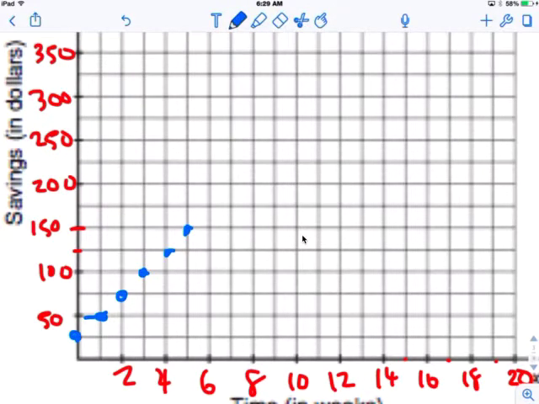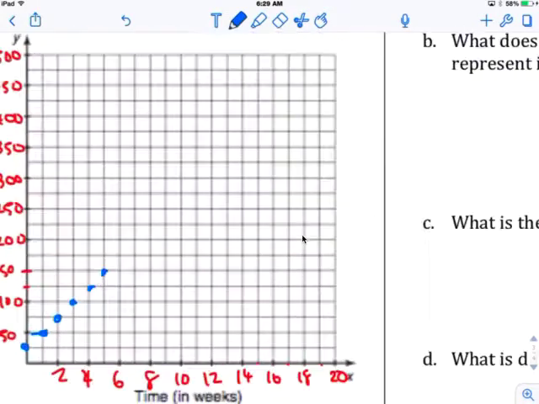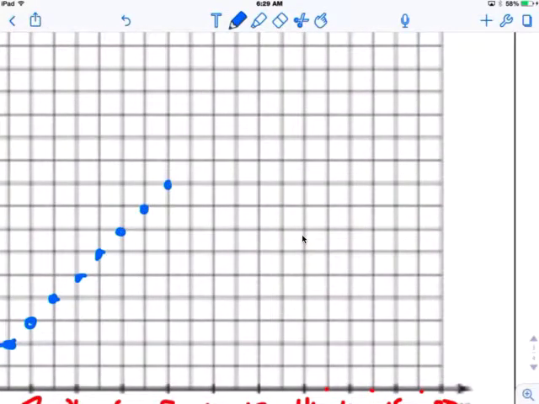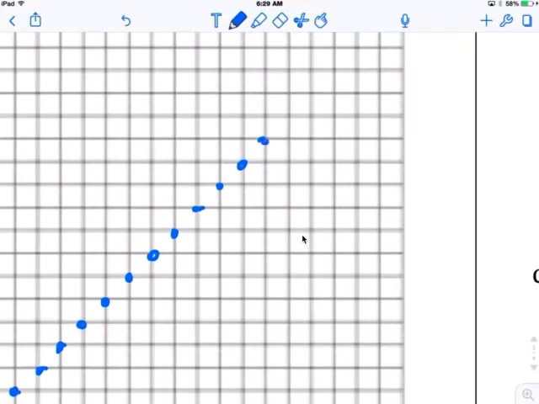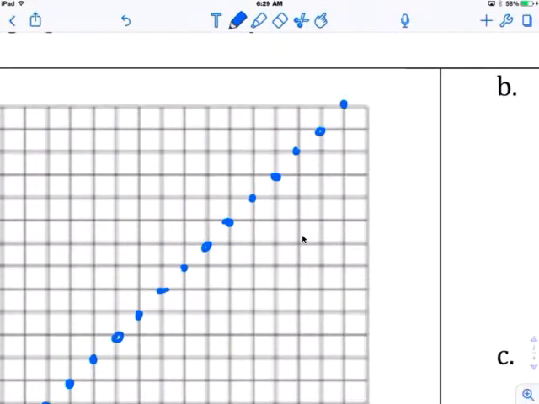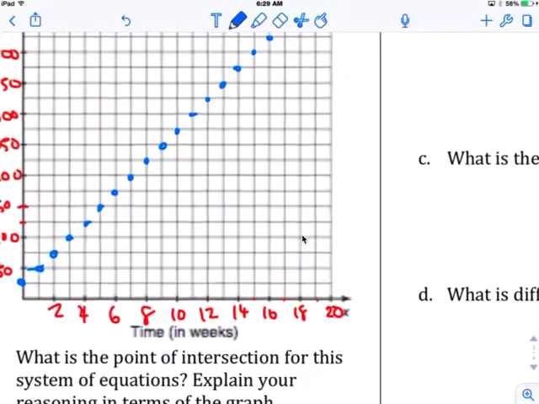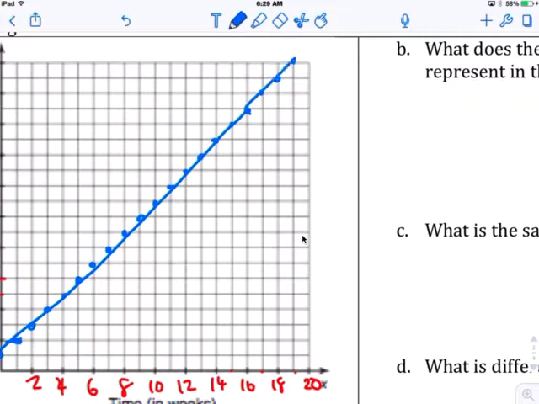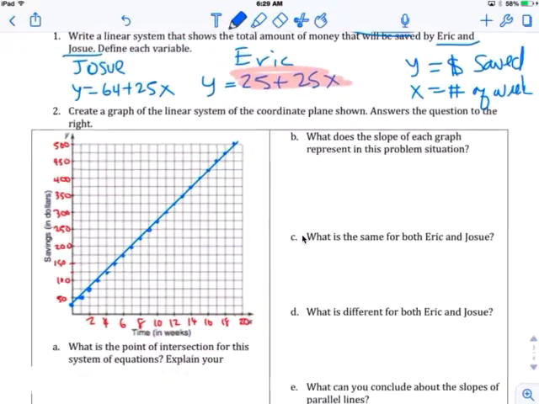Start at 25 and going up each one. That's an easy one, right? There we go. That's straighter. Let the computer do it.